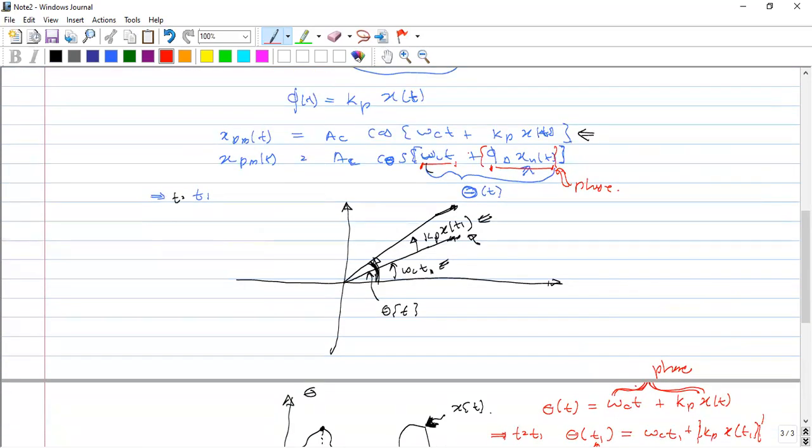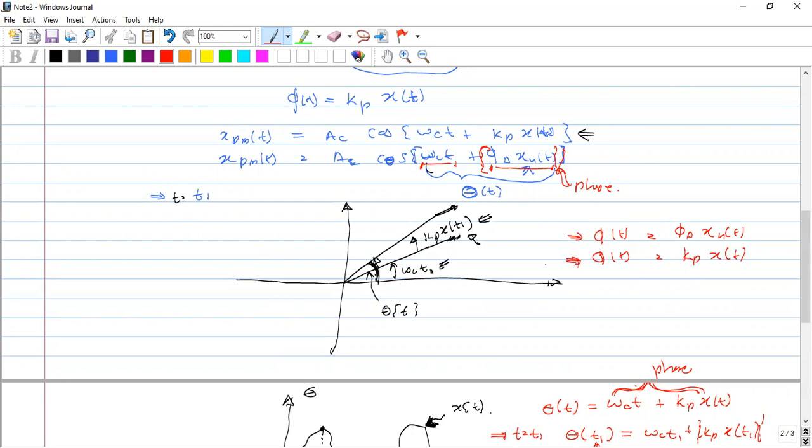That means the phase is the instantaneous phase. You can write this as delta phi x normalized signal, or you can write this phi t as kp times our message signal. So this is the instantaneous phase.